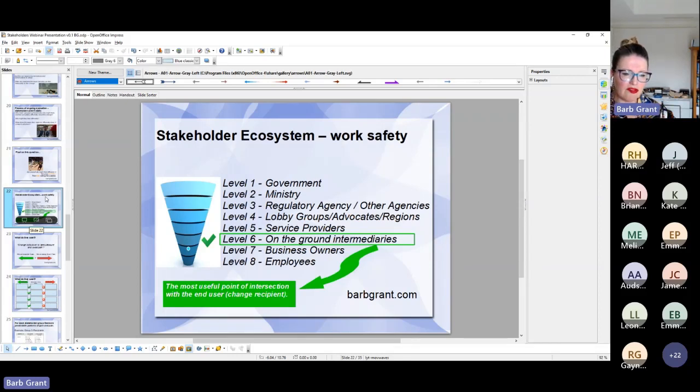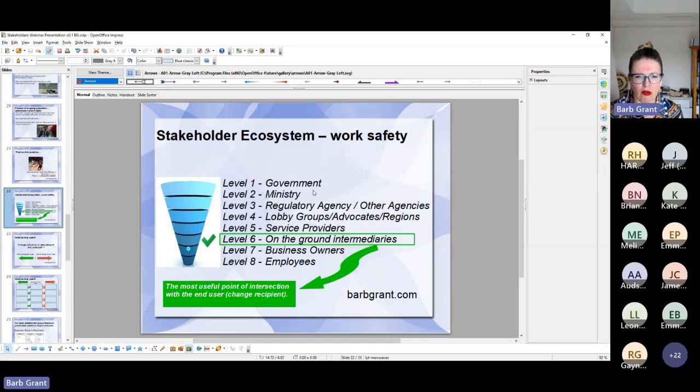They had some technical background. Vocationally, they were dedicated to the pursuit of work safety, or else they wouldn't have had the roles they did. And so they were basically already in the tent and wanting to support and enable an improvement of outcome for work safety.